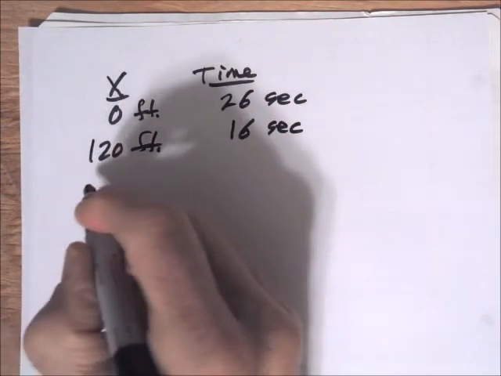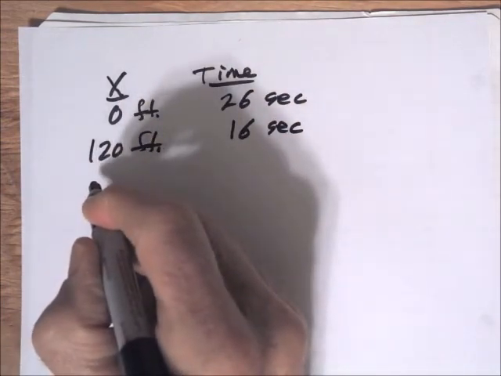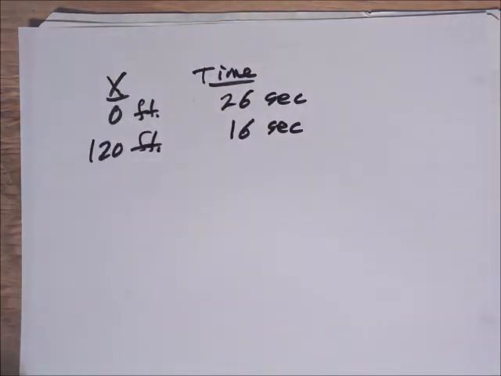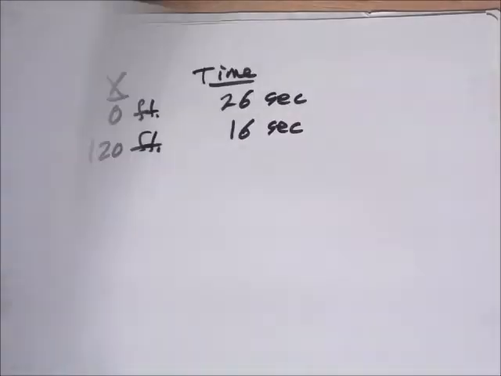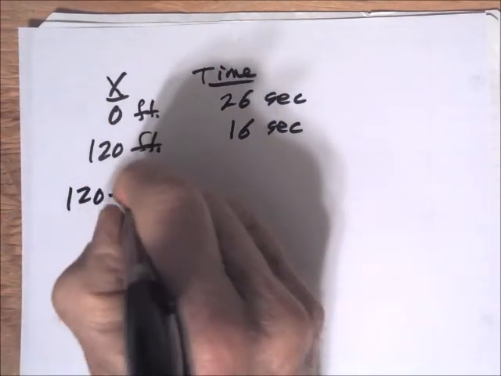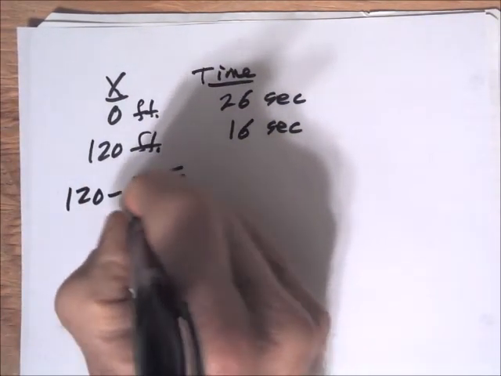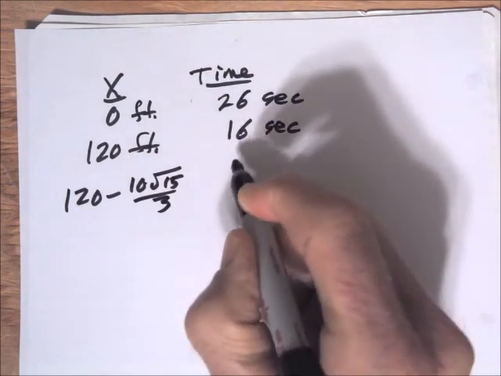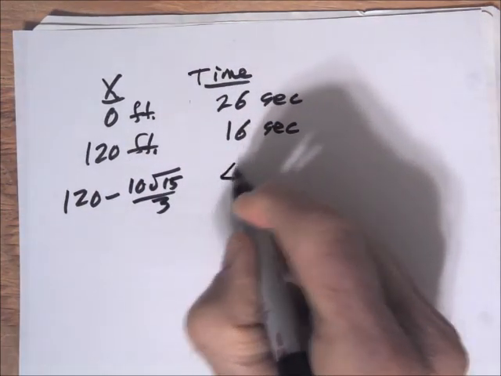If the lifeguard runs 120 minus 10 root 15 over 3, then it's going to be a little bit less than 16 seconds.